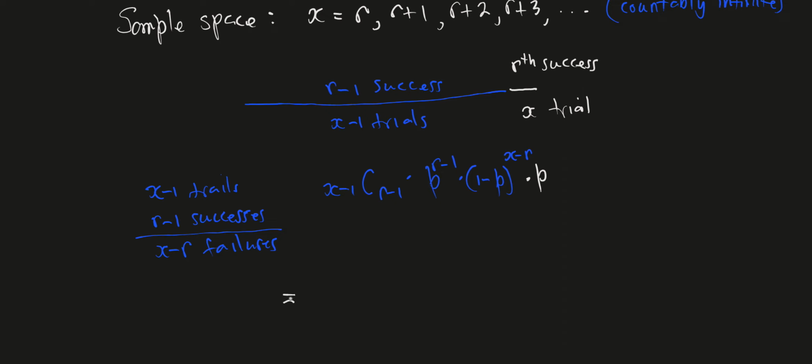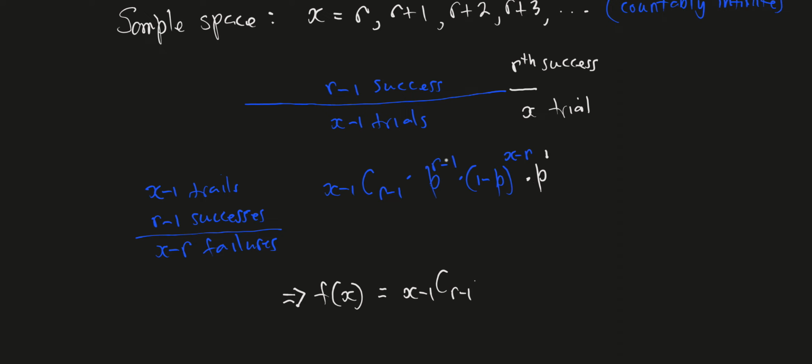So here now, we'll put everything together along with the sample space and state the PDF of a negative binomial random variable. This will be it. We'll have x minus 1 choose r minus 1 times, now when I multiply these, I have p to the r minus 1 times another p to the first power.